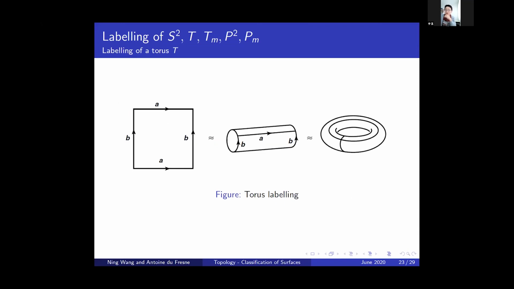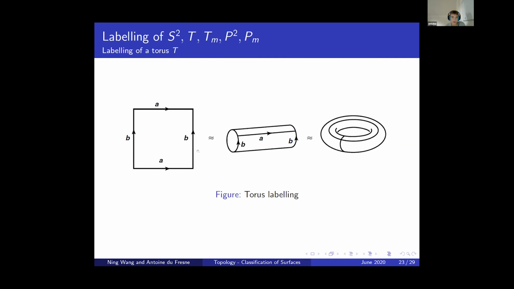So the torus can be expressed as the quotient space of the unit square, and we give the edges the labels A and B. The labeling scheme giving a torus from a unit square will be A minus 1, B minus 1, A, B. When we paste the A together, it gives a cylindrical object, which is homeomorphic to the torus.